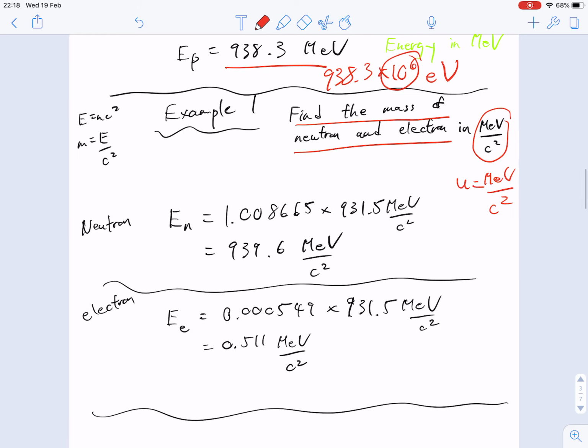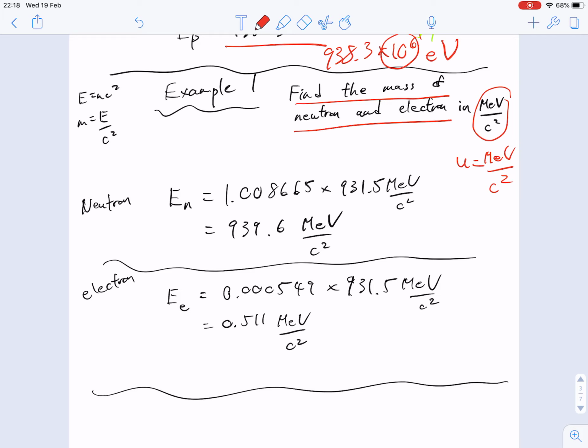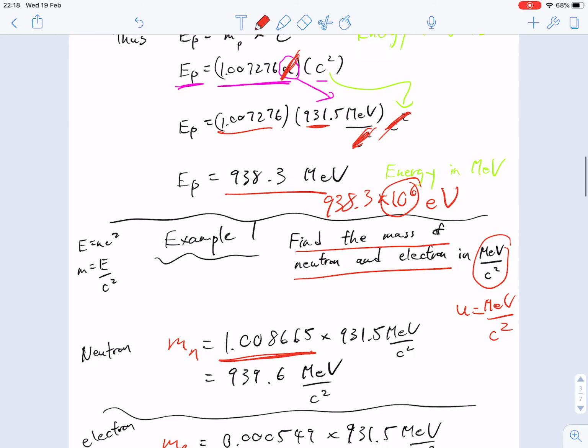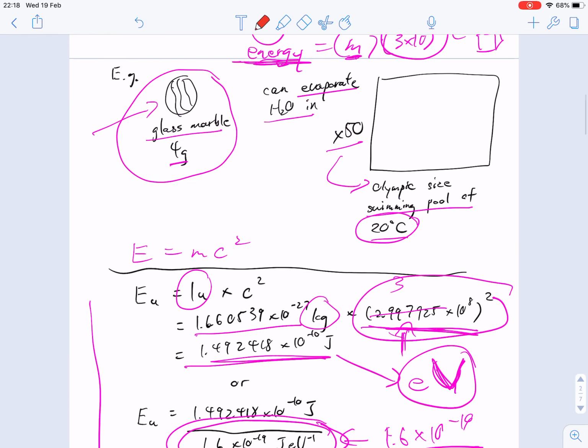And that's what we're trying to do here. So what we're really saying is that the energy of the mass of a neutron, and the mass of an electron can be calculated by looking at the data booklet.